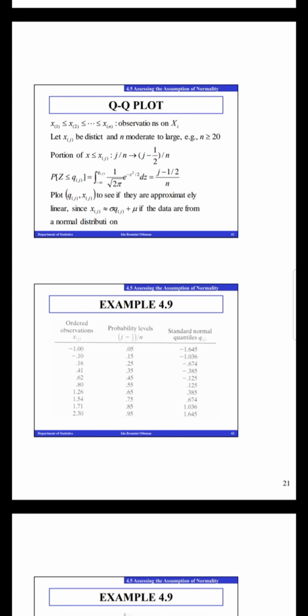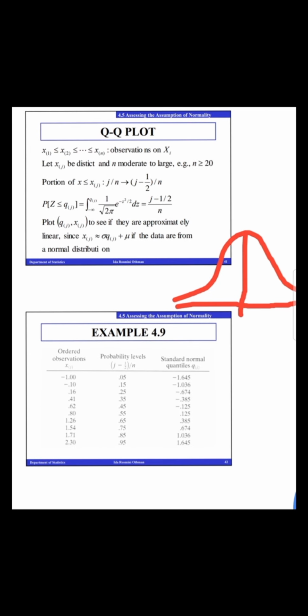So we need to find the standard normal quantiles using the standard normal table. Okay, let's see how we use the standard normal table.